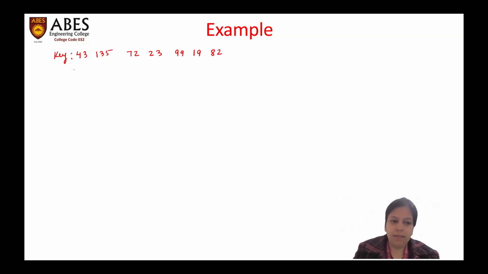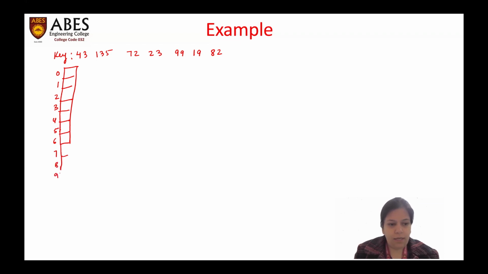And suppose the table size in which we are going to map these keys is 10. So let me just create the slots here, 0 to 9.